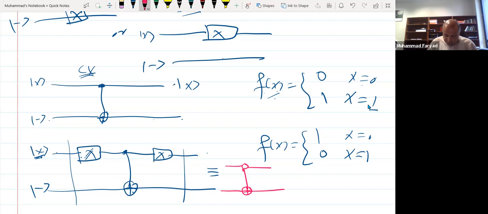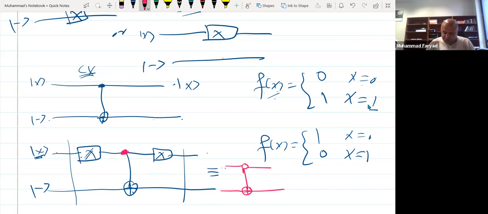Instead of this dot, if you have a hole here, it means this Cx gate essentially works if this control bit is 0 and implements this x gate. If this control bit is 1, then it doesn't work. But this can be implemented using a regular Cx gate like this.